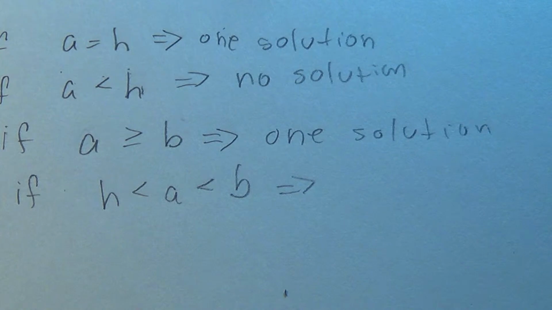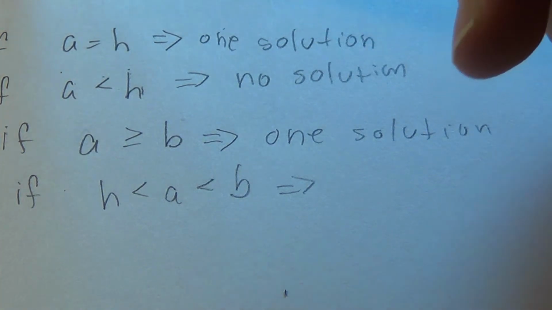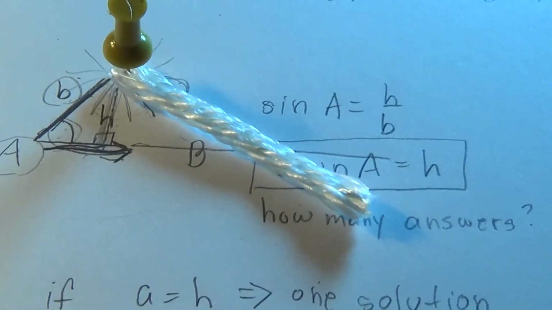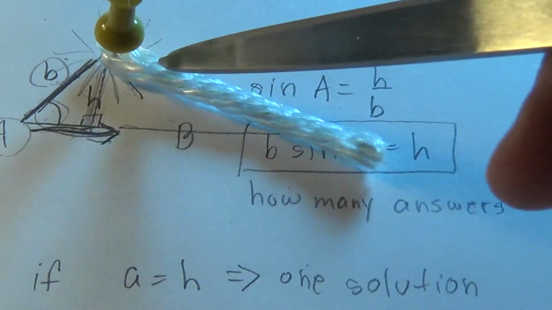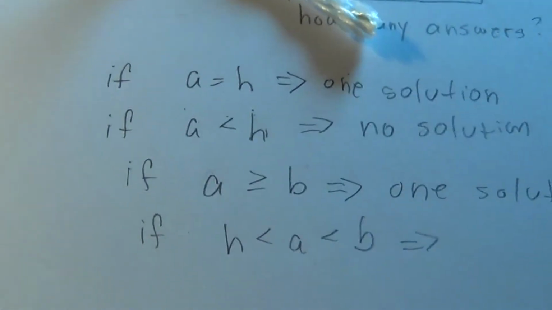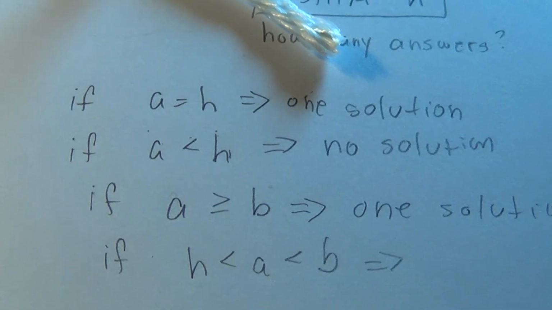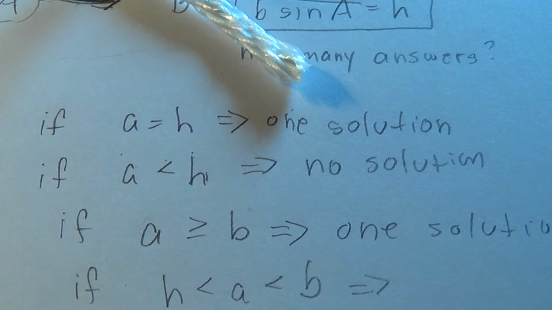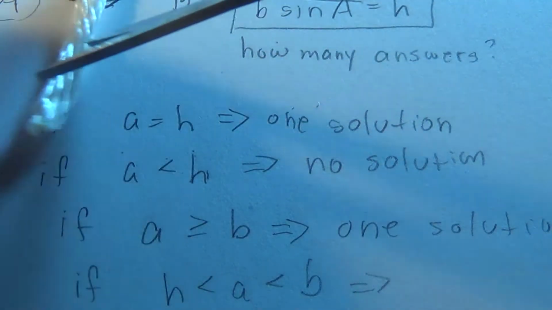Let me get some scissors. All right, so this is side H, and that's going to be less than side A. Our string is side A. So here's H, and I'm sorry, H is less than A, so we want this one to be greater than H, but less than B. That's kind of a hard thing for me to guesstimate.